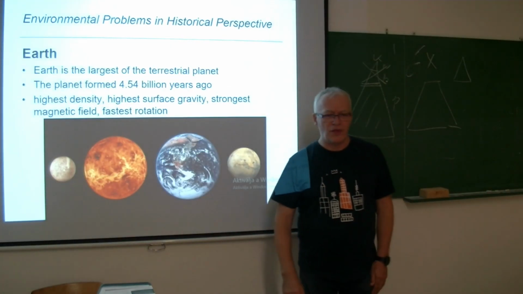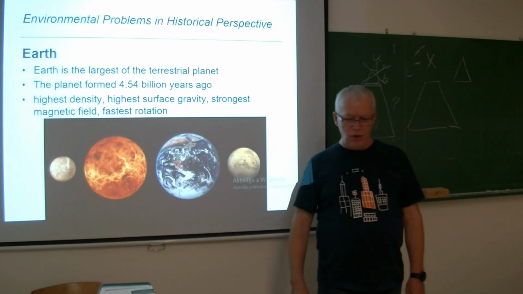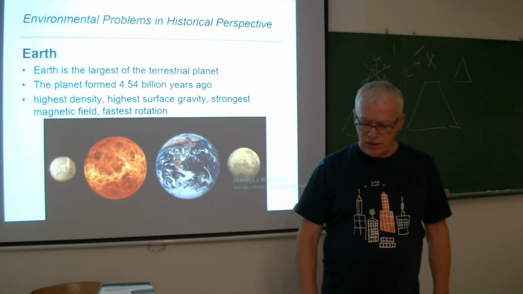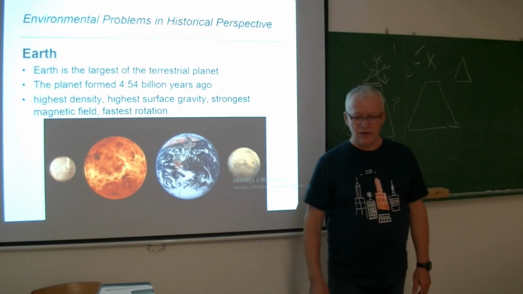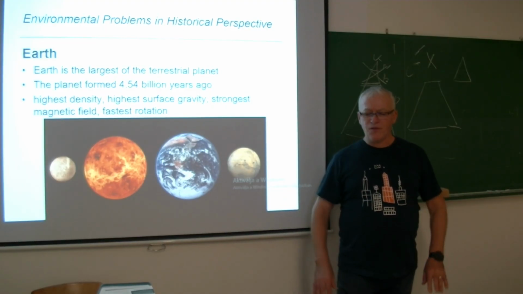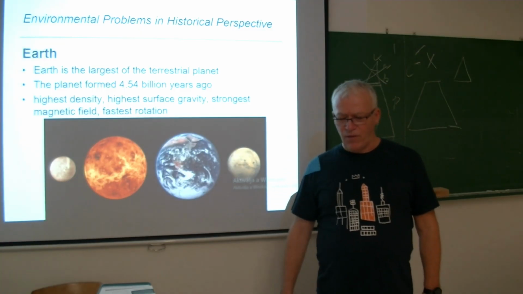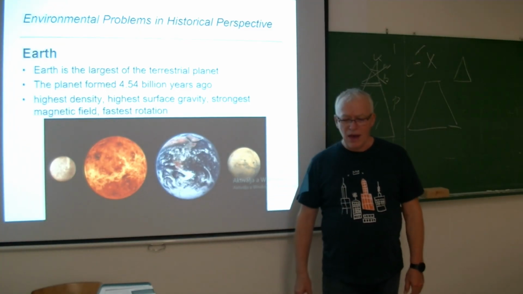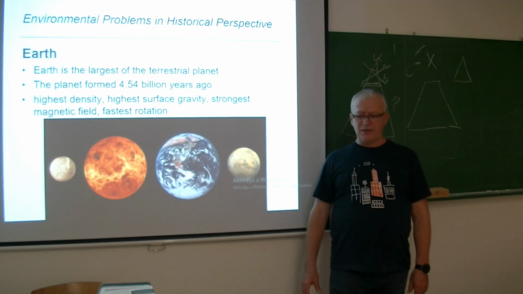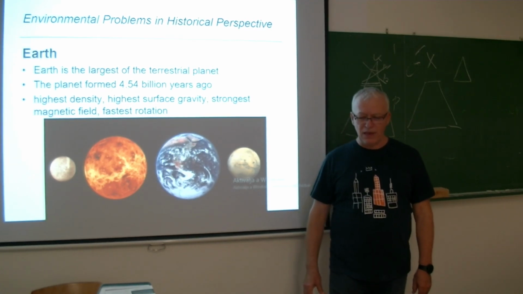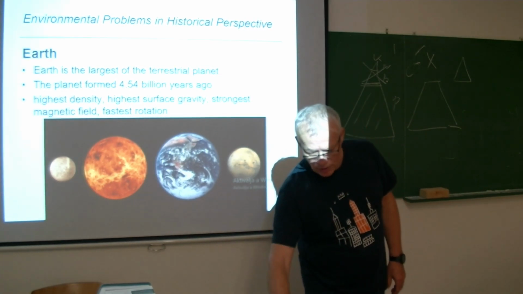Looking at the Earth, some general information. Earth is the largest of the terrestrial planets in the Solar System. The planet formed approximately 4.54 billion years ago. It has the highest density, highest surface gravity, strongest magnetic field, and the fastest rotation.